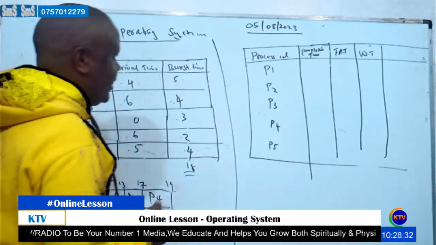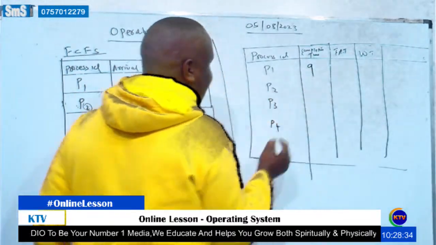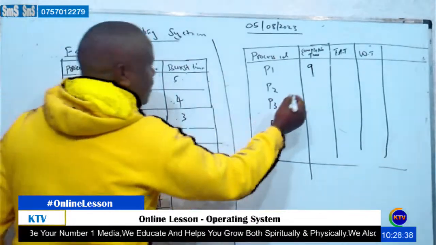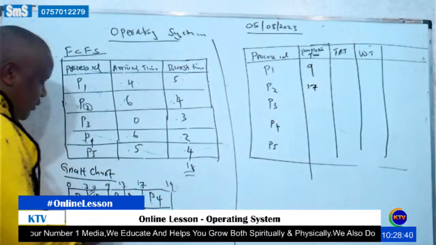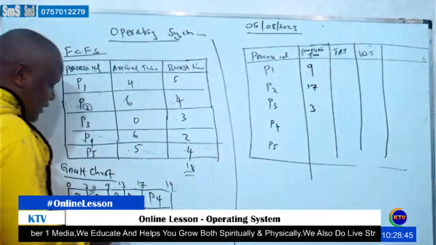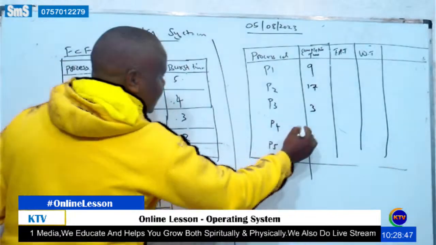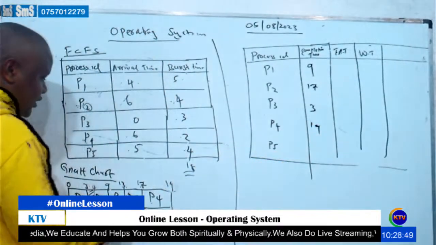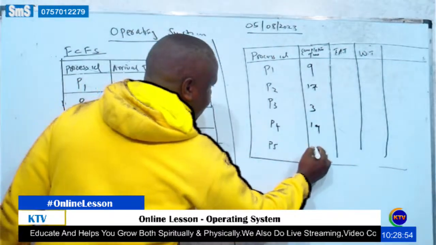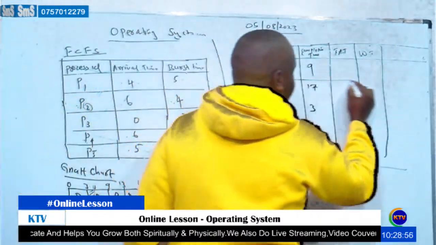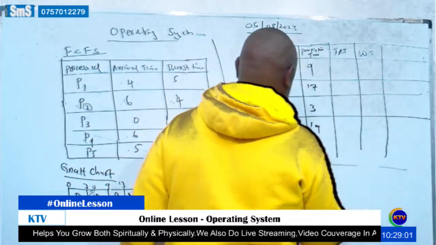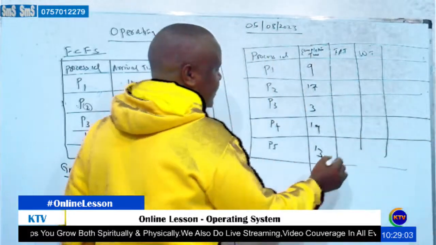So process 1 completed at 9 milliseconds. Process 2 completed at 17. Process 3 completed at 3. Process 4 completed at 19. And process 5 completed at 13.